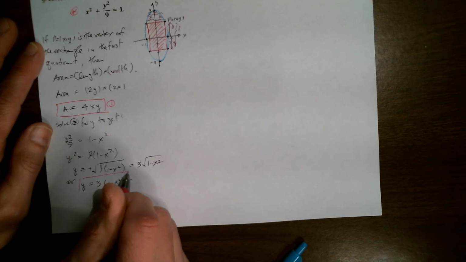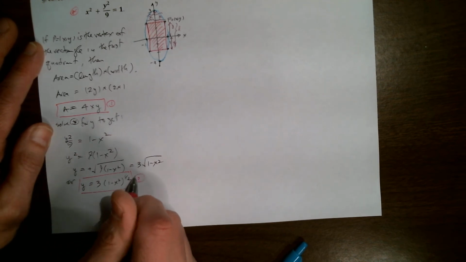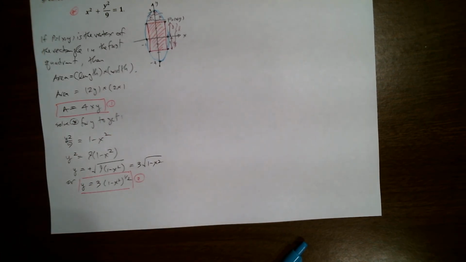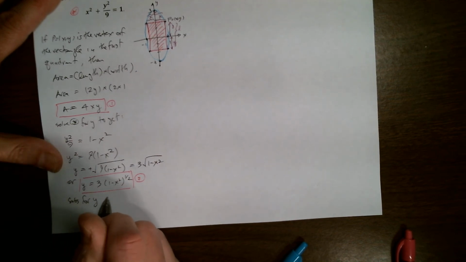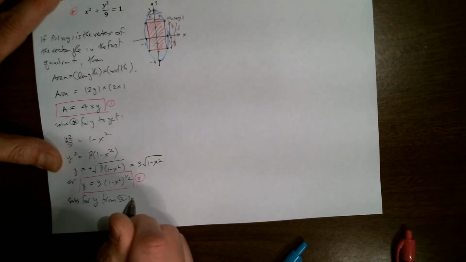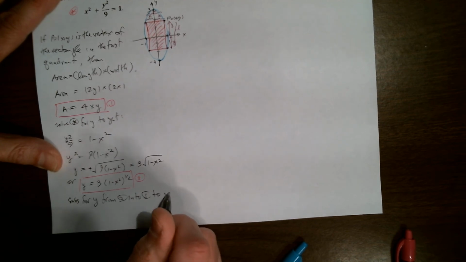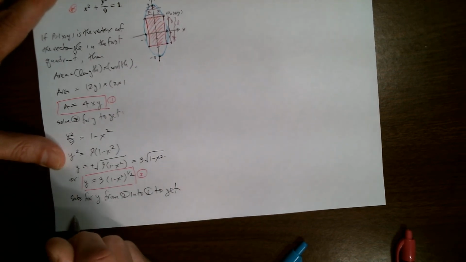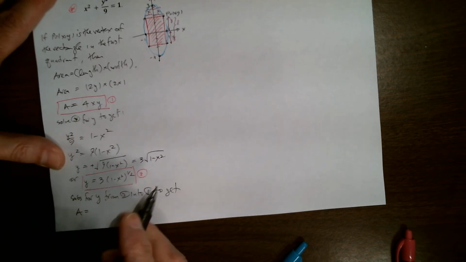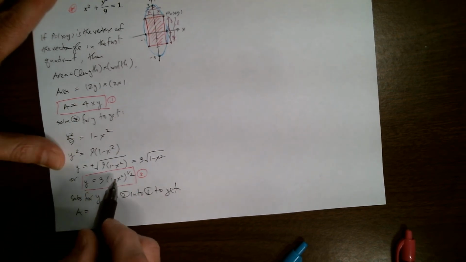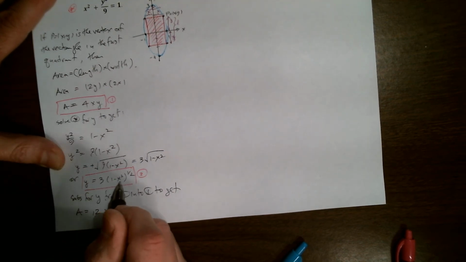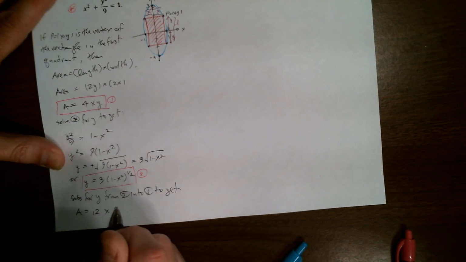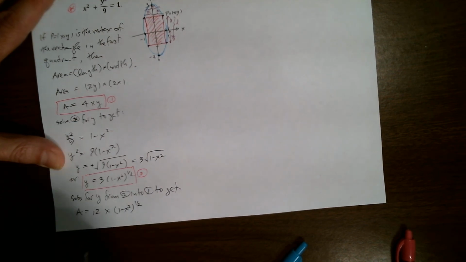So if we call these equations 1 and 2, then we can immediately write the area by substituting for y from equation 2 into 1 to get that the area is 4x times y. Well, 4 times 3 is 12x times the y, which is (1 minus x squared) to the 1/2 power.